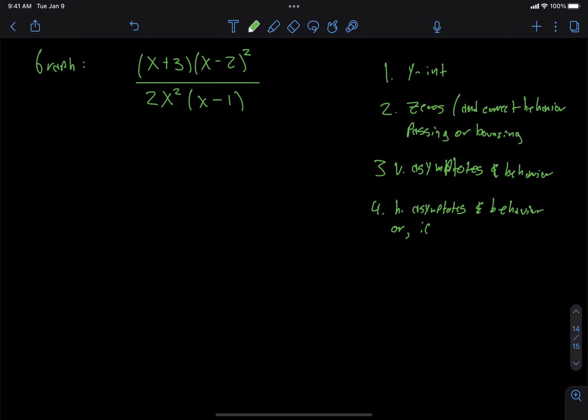Or, if no asymptotes, end behavior. Is that it? Vertical asymptotes, horizontal asymptotes. Y-intercept, zeros, behavior, behavior.